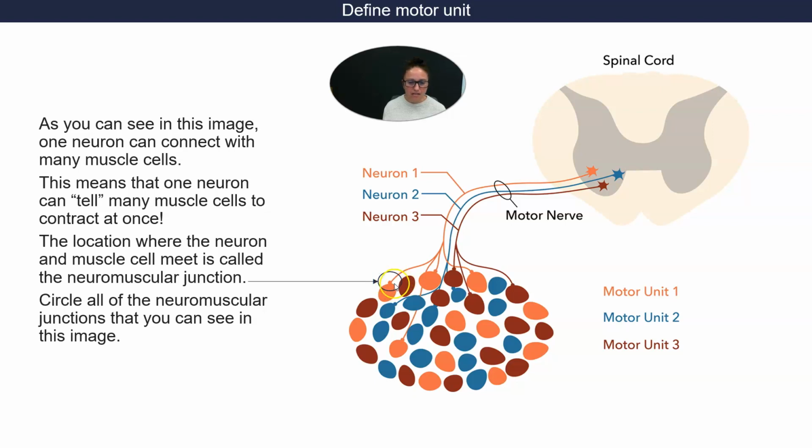So here, what we're meeting together is the end of the neuron with the plasma membrane of the muscle cell. And don't forget that the muscle cell is a cylinder shape. So neuromuscular junction, it tells you what's at the junction just by its name. Neuro, neuron, muscular, muscle cell.